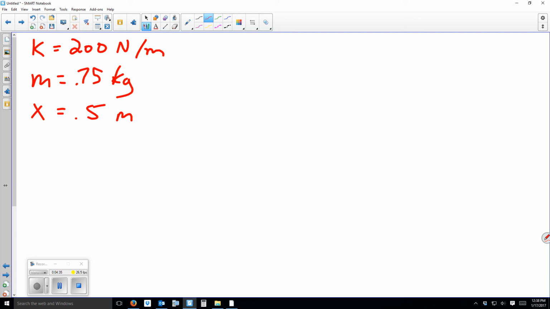We've only got mass. We don't have the actual amount of energy, but we do have enough to go into potential energy first. That x is at our peak or at our trough, right? It says that it was stretched that far. That is our x. So we can say that our potential energy is equal to 1/2 kx squared.